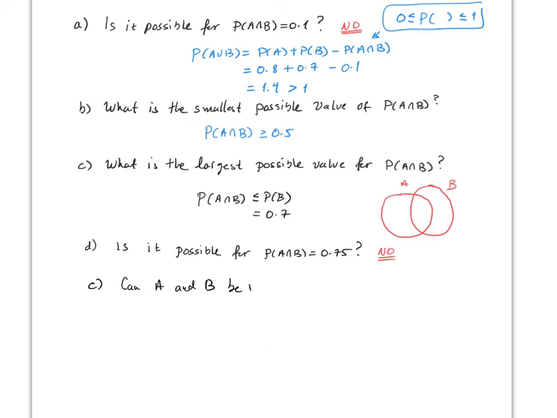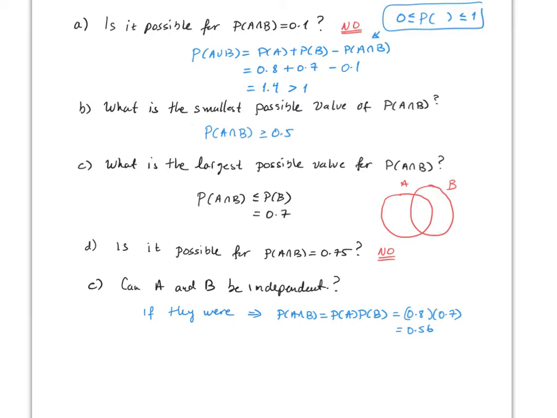Well, if they were independent, then the probability of A and B would be the probability of A times the probability of B, which in this case is 0.8 times 0.7, which is 0.56.